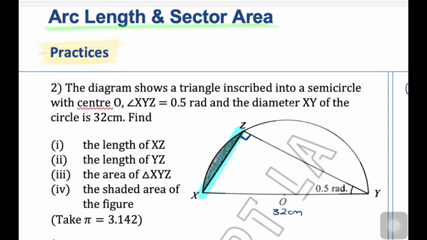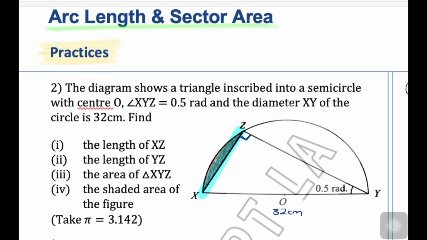If you are a little unsure or you need some recap on trigo before you are able to find the length of this xz, you can go ahead and check out the videos from the chapter of trigonometry. I have that in my course as well. So take a look and see whether you can understand. And perhaps after you do, you'll be able to find the length of xz.